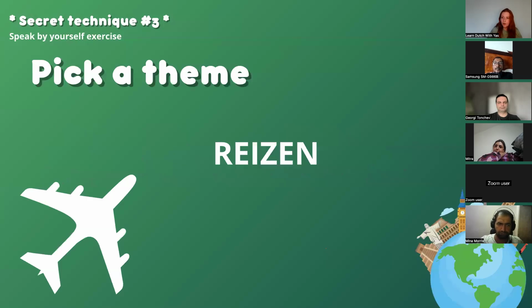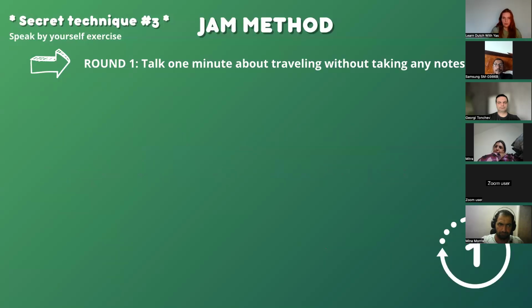So what are you going to do with the JAM method? It consists of 3 rounds, and you're going to be picking a theme. So for example, for today, I'm going to be picking the theme reizen. What are we going to do? In round 1, you're going to be talking 1 minute about traveling, reizen, in Dutch, without taking any notes.